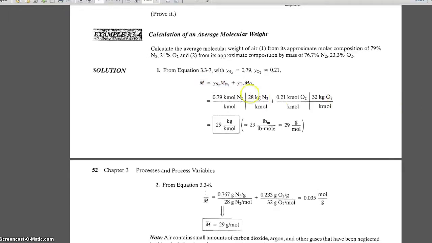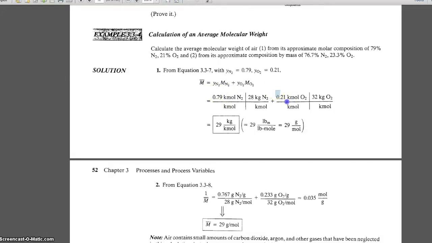You multiply the mole fraction by the molecular mass of nitrogen gas, where 1 kilomole of nitrogen gas weighs 28 kilogram, times 0.79.